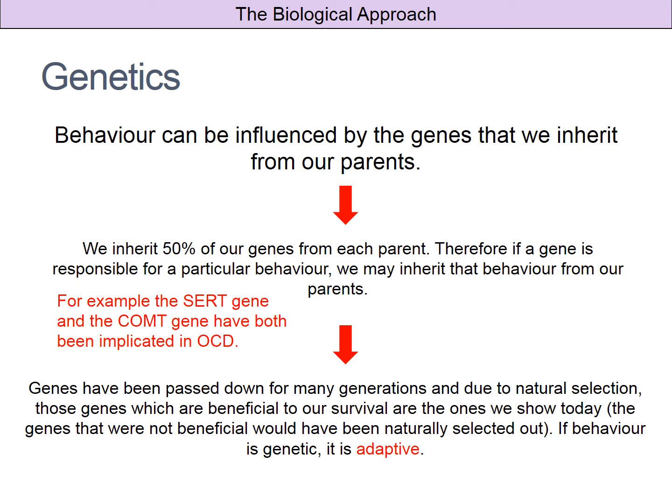So this is the process of natural selection, and means that genes and behaviours which help us to survive are passed on, and those genes and behaviours which are not helpful to our survival are not passed on, because generally those individuals who carried them would not have survived in order to reproduce. So we could argue that if a behaviour is genetic, it's also adaptive, and adaptive means it is something which enabled us to survive thousands of years ago.